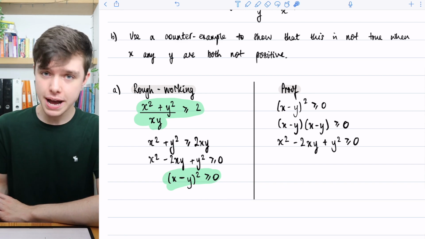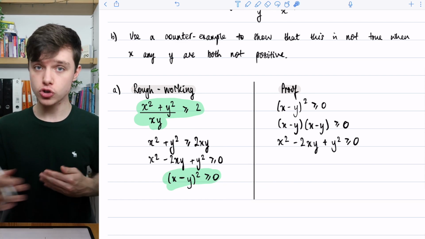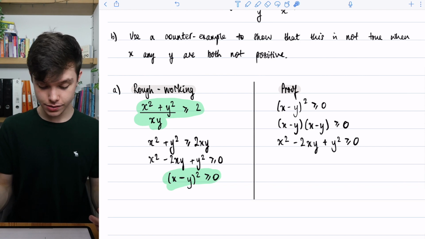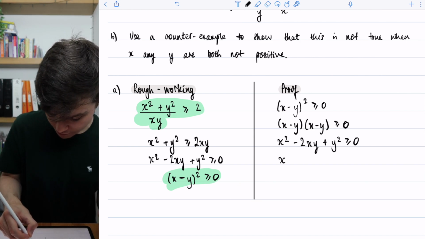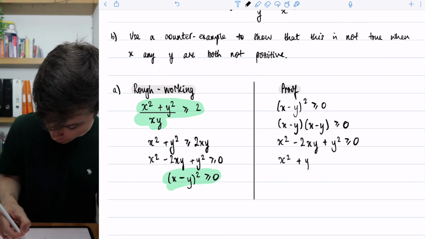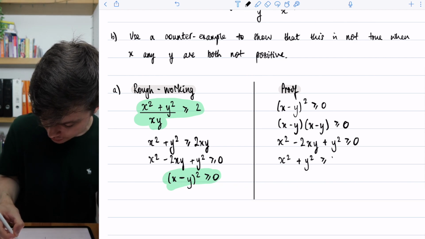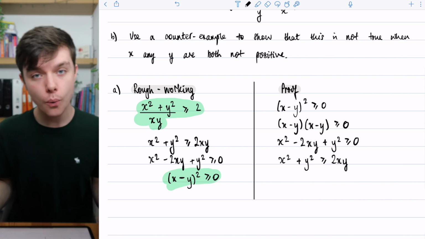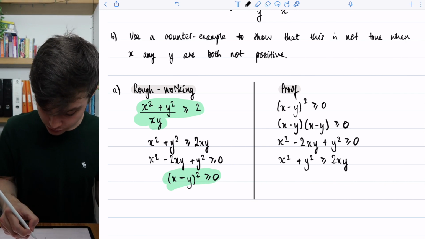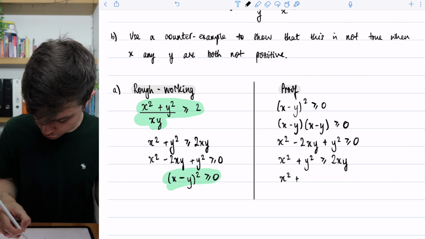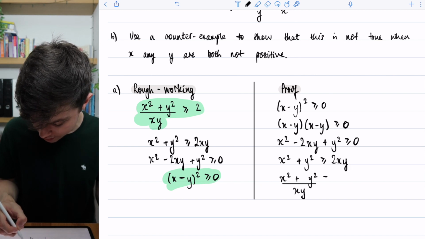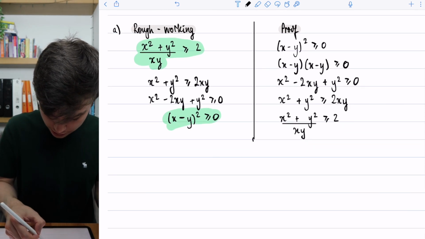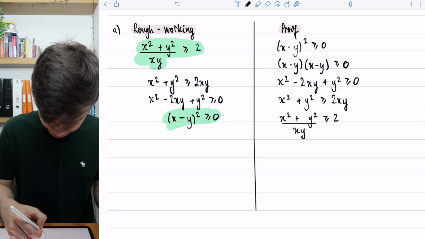Okay, so now we have our expanded form, and I want to work backwards on my rough working, so I'm going to add 2xy to both sides to give me x squared plus y squared is greater than or equal to 2xy. Then divide by xy, we'll have x squared plus y squared divided by xy is greater than or equal to 2. Let's expand this down here.